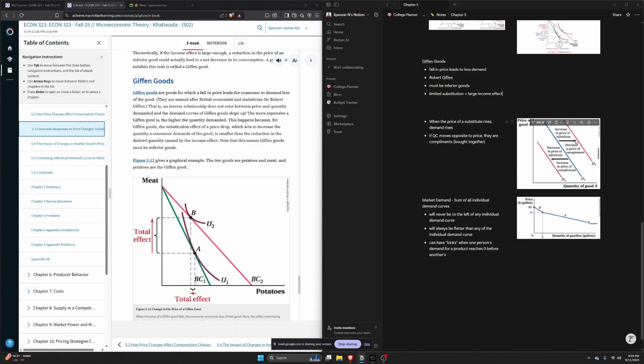These are substitutes and complements. We touched on this a little bit in chapter 4, and there is a little bit in the homework for this. If you have substitutes, the best example I can come up with is Coke and Dr. Pepper.